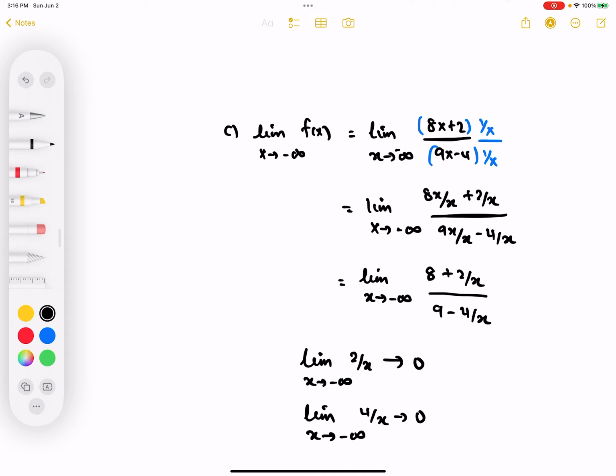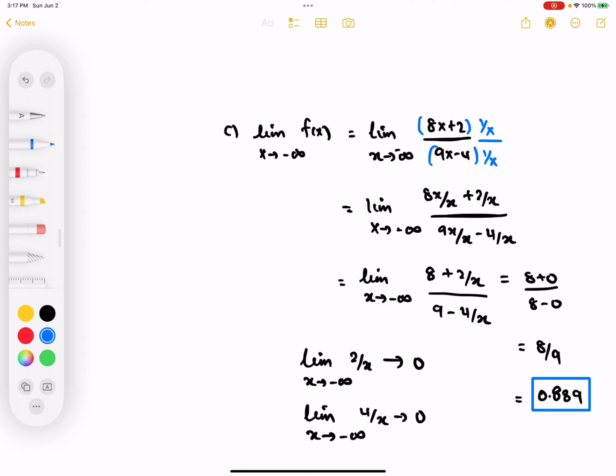A number divided by a very large number becomes 0. So this one becomes 8 plus 0 over 9 minus 0. Then finally, you will get 8 over 9, and 8 over 9 in decimal is 0.889. So this is how you evaluate a limit at positive or negative infinity.